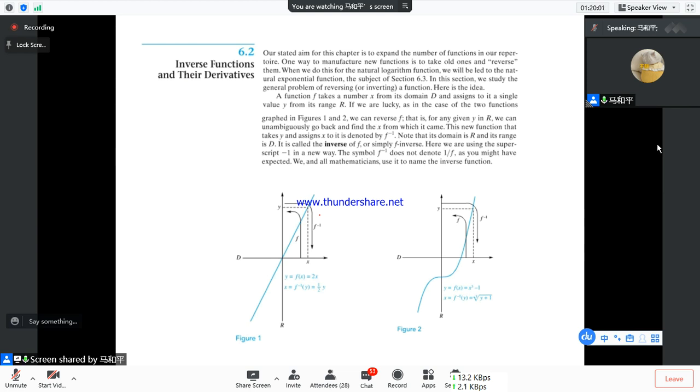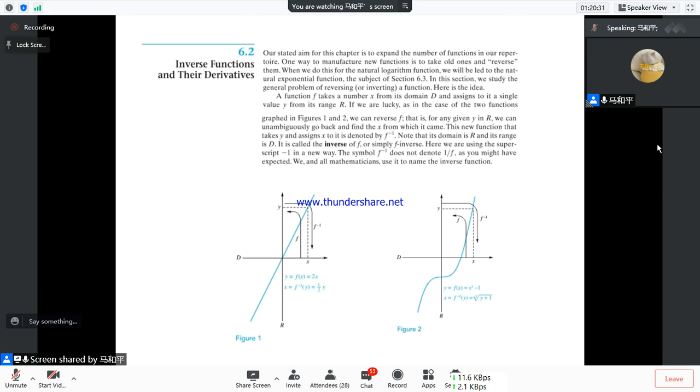Okay, and now we will learn the inverse functions and their derivatives. I think the derivative of the inverse function is a little hard for you to accept, so you should listen to me carefully. First, we introduce the inverse function. Our aim is to produce a new function.